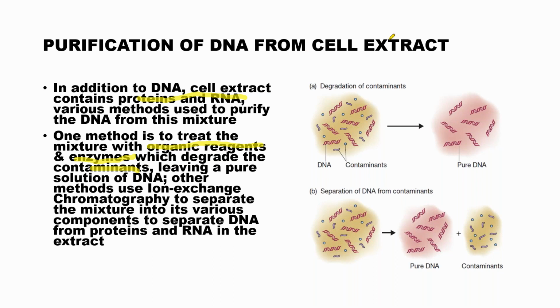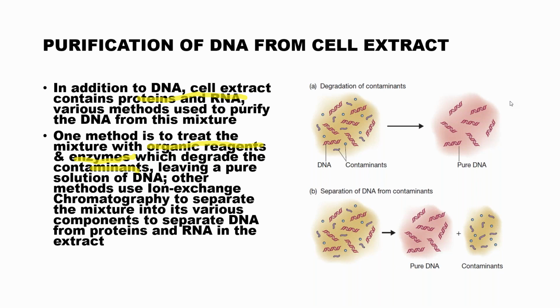Why only organic reagents and enzymes? The main thing is, when we are going to purify DNA from proteins and RNA, we have to make sure whatever reagent we are using must not harm our DNA.